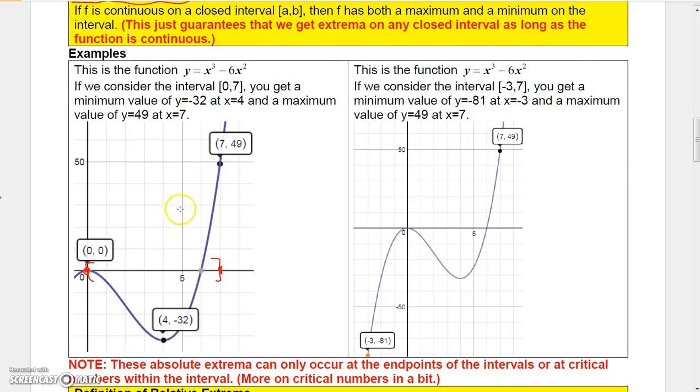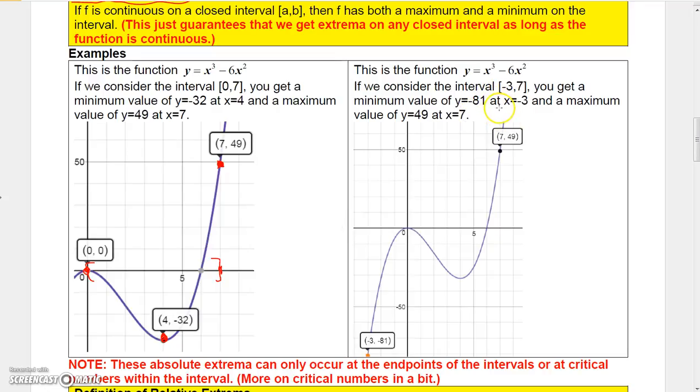And you can see here, looking from x equals 0 to x equals 7 for the interval, I have a minimum of -32 here, and I have a maximum of 49 here. Okay, now again, only on the interval from 0 to 7. So we get a minimum value and we get a maximum value.